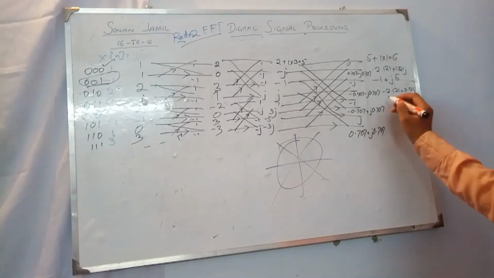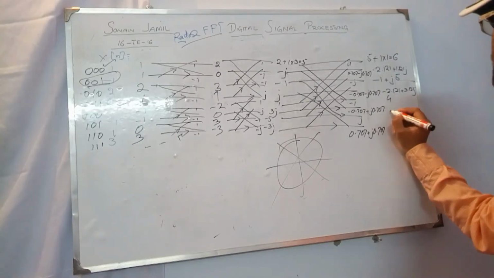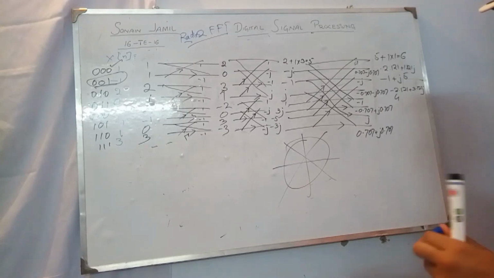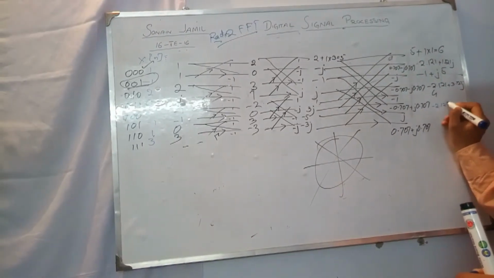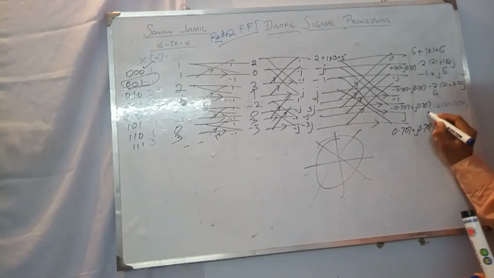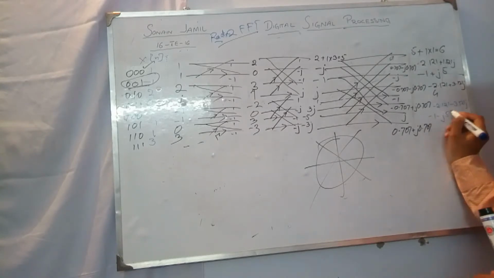The next one is 4, and next one just conjugate of this.